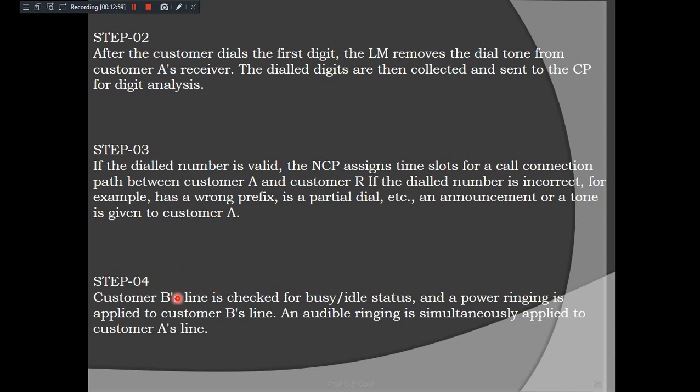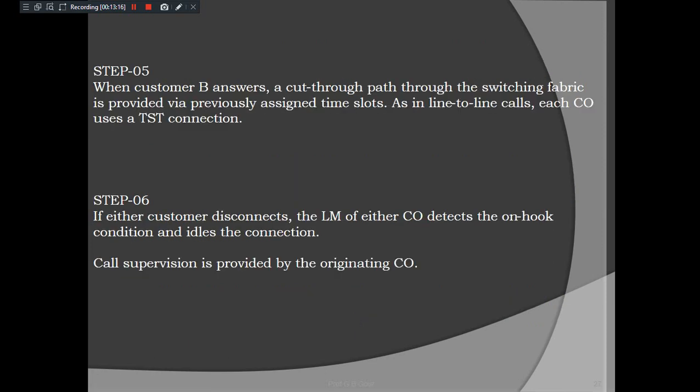Then, if everything is correct, customer B's line is checked for busy or idle status, once again by sending a small amount of AC current to the line. Power ringing is applied to customer B's line, and audible ringing is simultaneously applied to customer A's line. In step 5, when customer B answers, a clear call path is established through the switching fabric, provided previously by the assigned time slots.